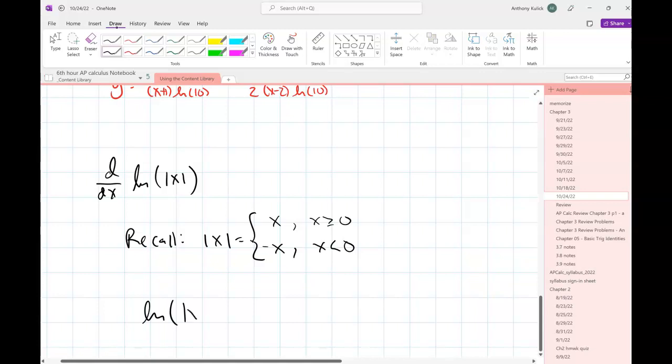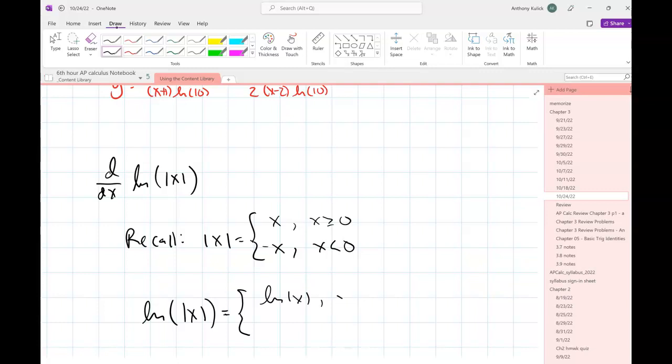So if I want the natural log of the absolute value of x, and I want to write that as a piecewise function, I can write this as the natural log of x, and the natural log of -x. That's my second piece. Everybody okay there?